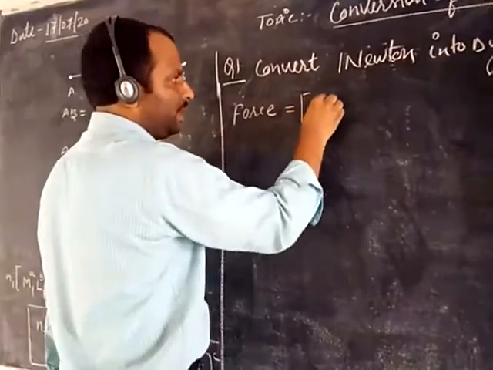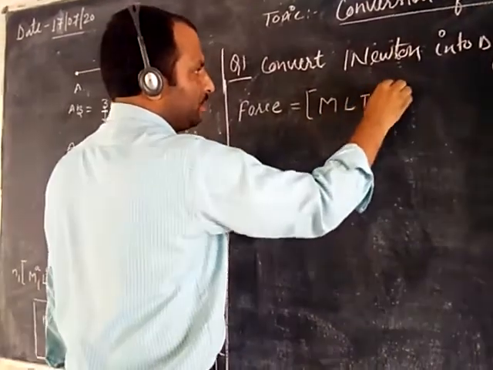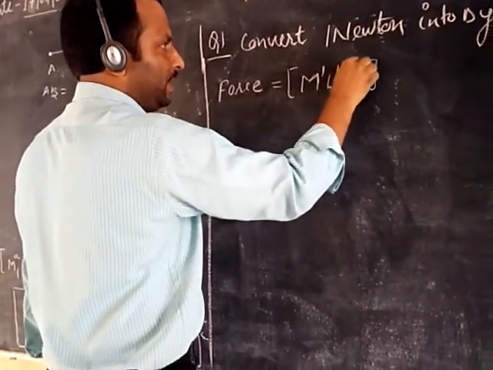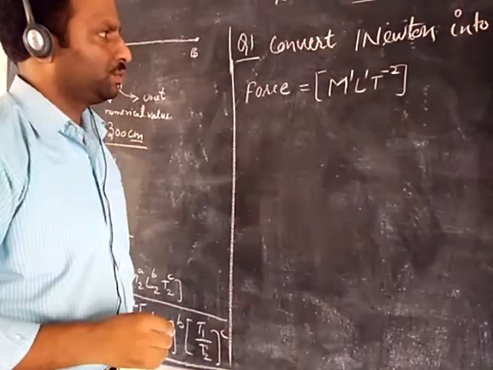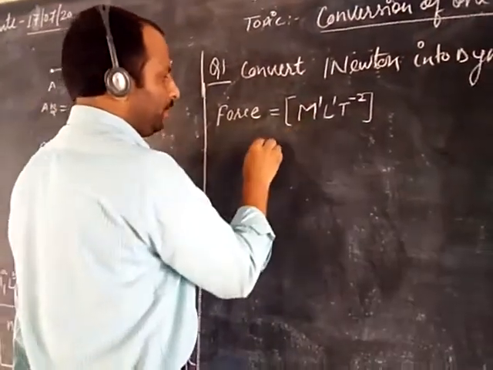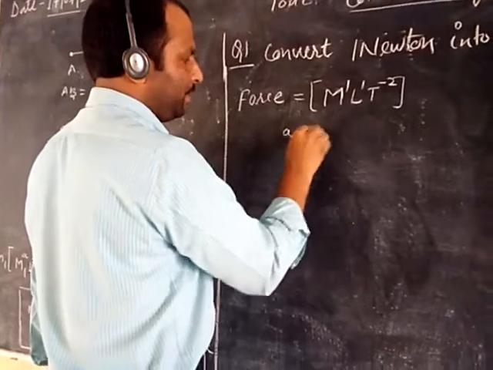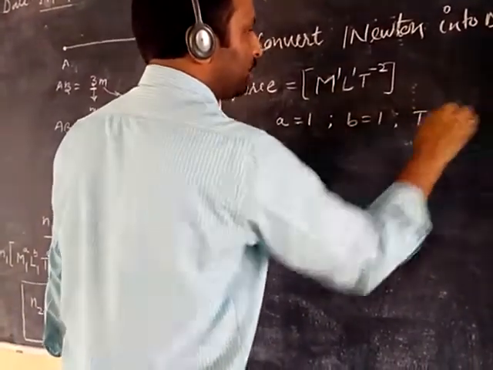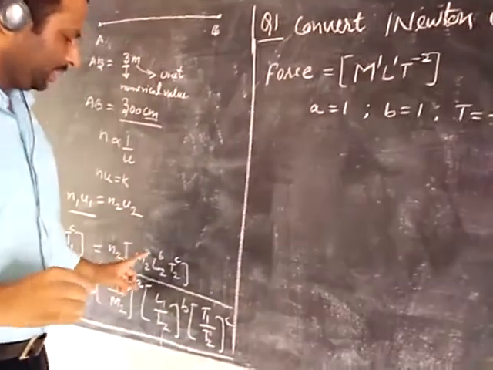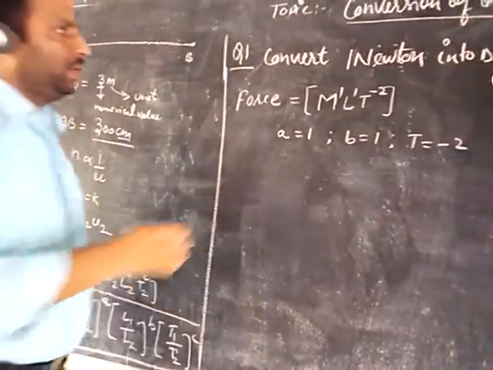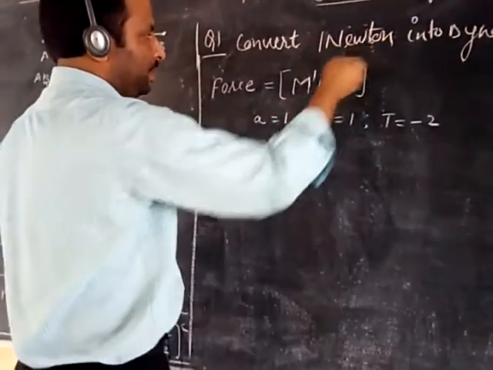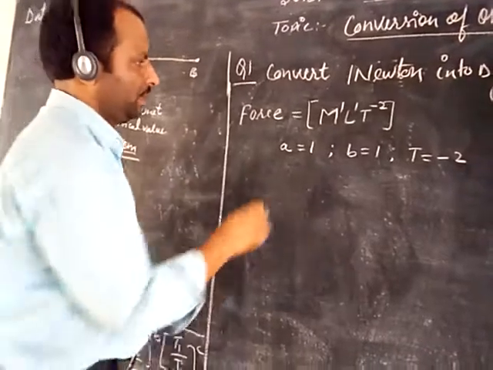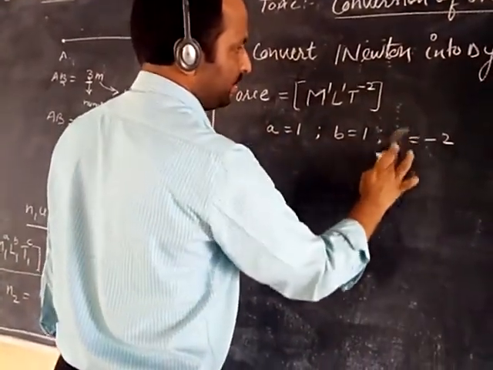Force is equal to mass into acceleration, so the dimensions will be M1, L1 and T to the power -2. So from here we got the values of a, b and c, which we put into the formula. These are the units of force, so we put the dimensions of force here.